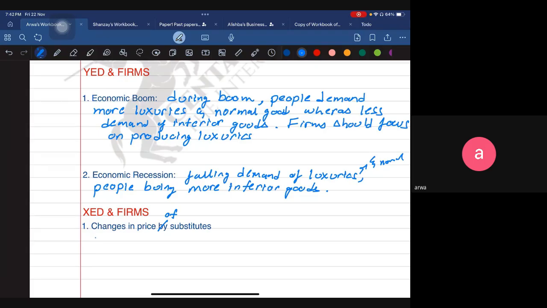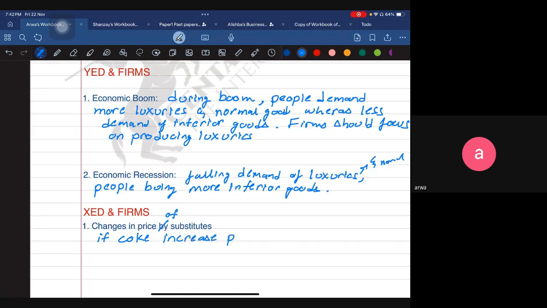Taking the Coke producer's point of view, if they want to increase their XED, they will have to decrease their prices so that it's cheaper than Pepsi. So people would prefer to buy from the Coke producer rather than the Pepsi producer, because it's cheaper.